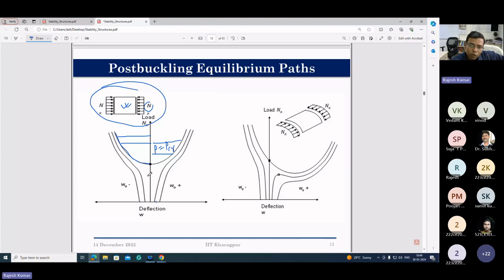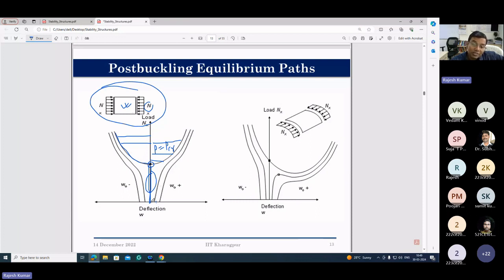Okay, this is for perfect columns and perfect plates. When you have perfect plates, there is no change in the out of plane deformation up to bifurcation. Once it bifurcates, meaning buckling takes place, then you increase your loads, and deformations will be there in out of plane directions.